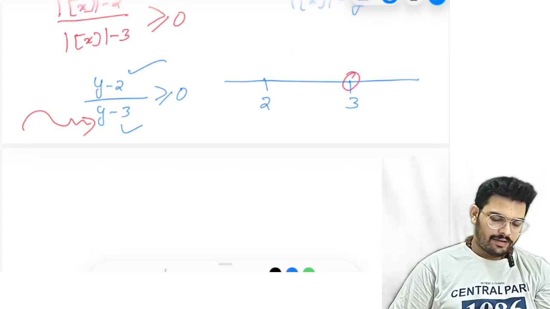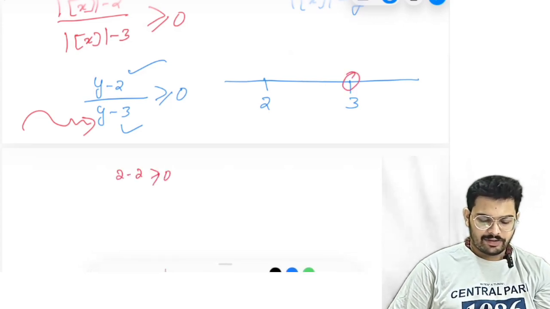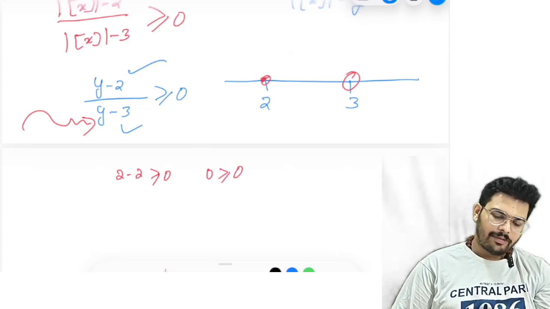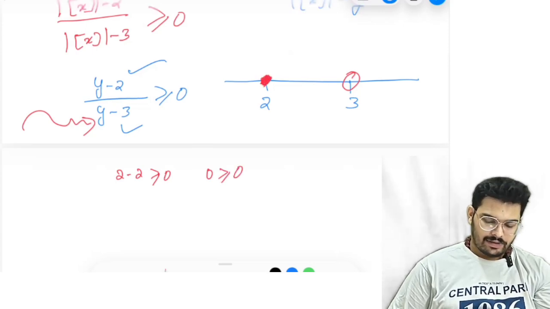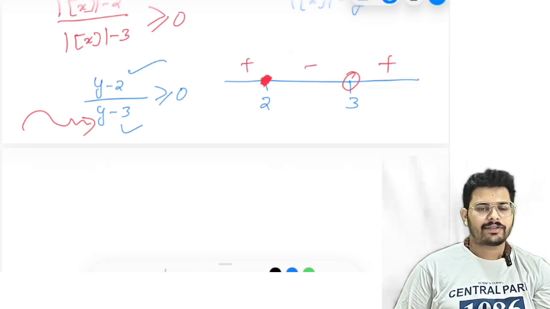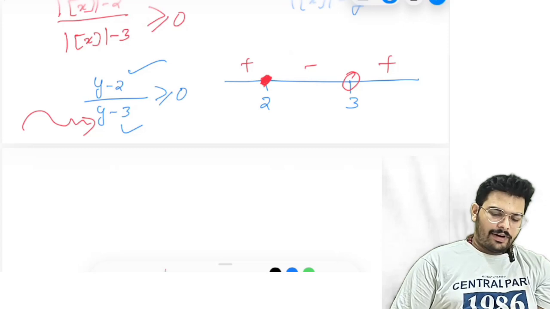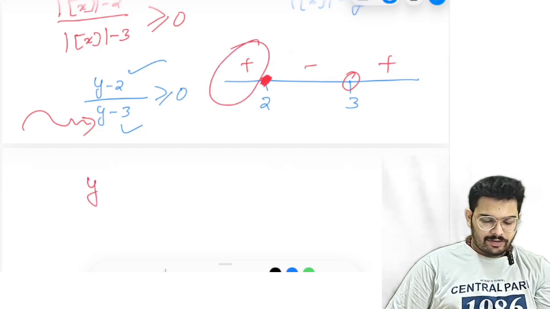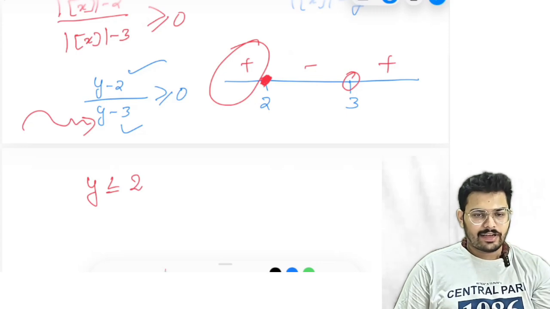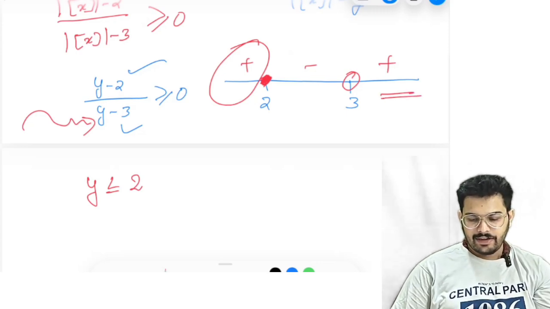But if you put y equal to 2, 2 minus 2 greater than or equal to 0, that is 0 greater than or equal to 0, still satisfies. So you can directly put the y value as 2. Now this will be plus minus plus. From here, the y value should be less than or equal to 2, and from here the y value should be greater than 3.